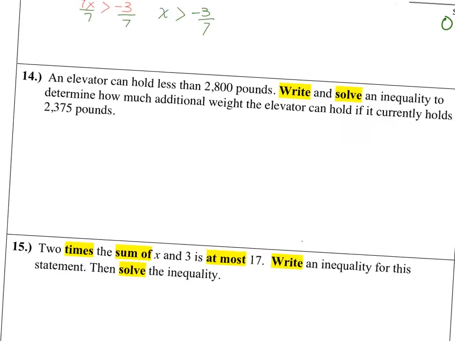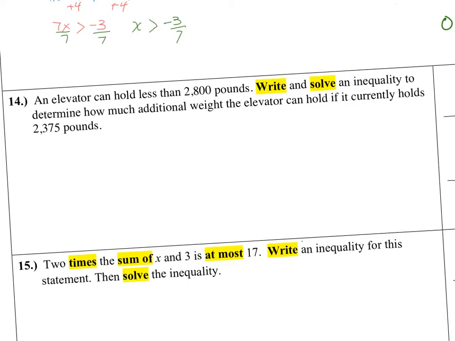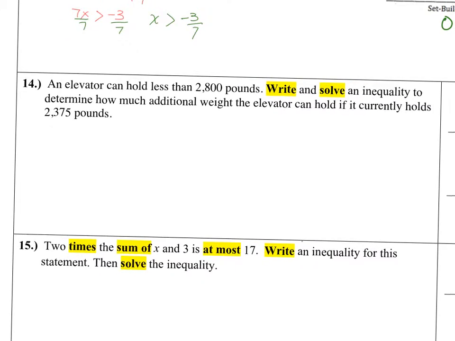Now we can get to the word problem. An elevator can hold less than 2,800 pounds. Does that mean that it can hold 2,800 pounds? No, it's less than. So you would say, I know the elevator can hold less than 2,800 pounds. Write and solve an inequality to determine how much additional weight it can hold if it currently holds 2,375.